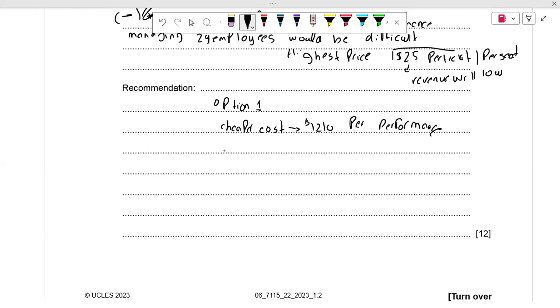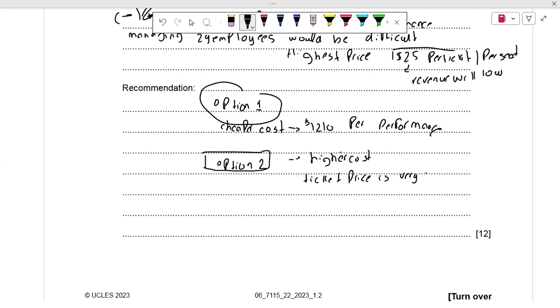But if we are talking about option 2, you should also discuss the negative points of option 2 because you are justifying your option 1 choice. Okay, so option 2 has a higher cost to put on the performance, and ET may not have the funds to do this, of course, because this is a new business. And also the ticket price is very high, $25 per ticket.